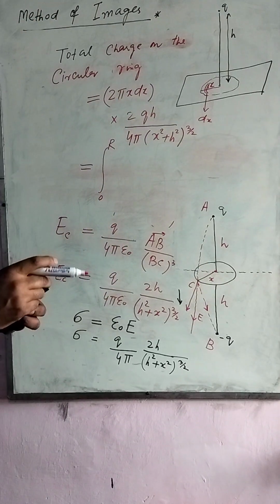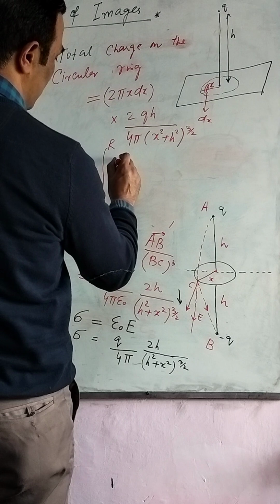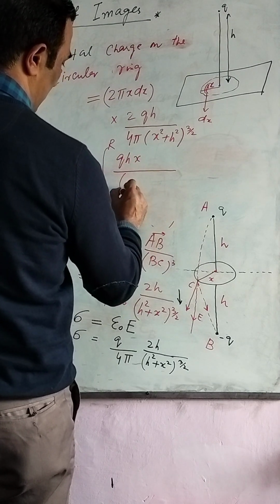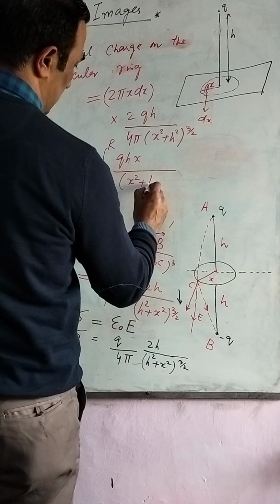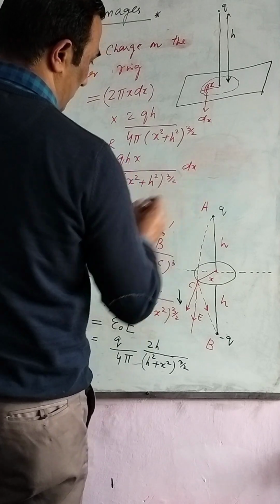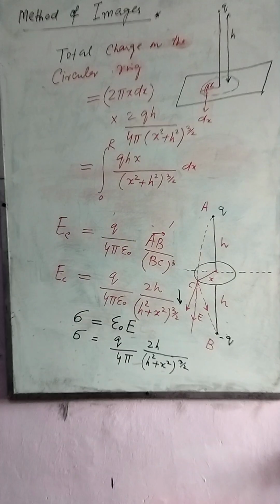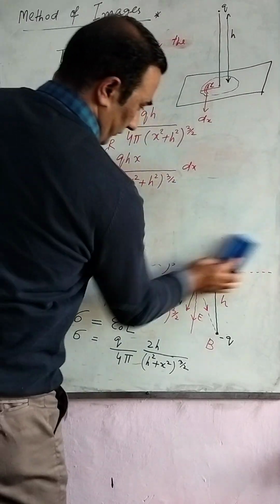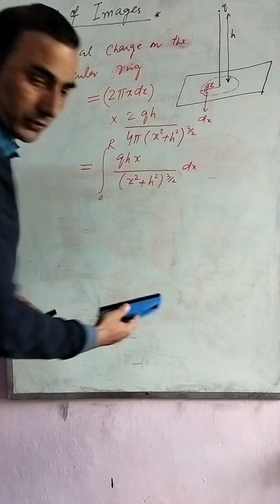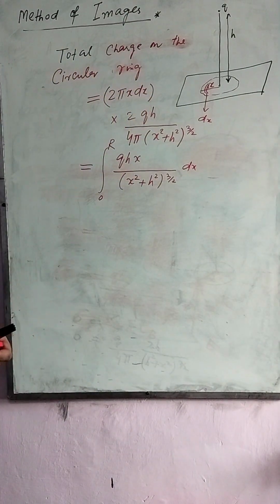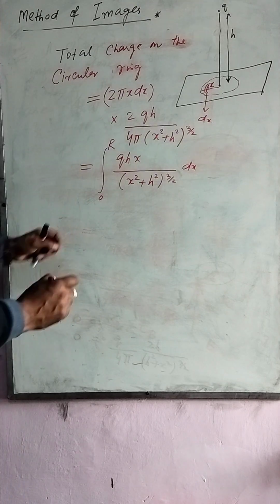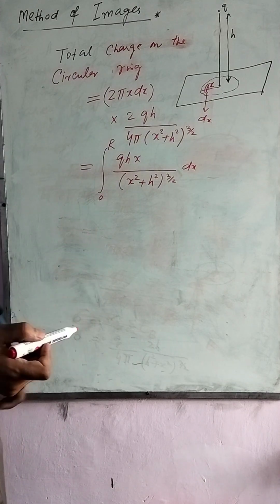So let me write, this will be QH x upon x square plus h square. Now it is very easy to calculate, because you can write what your sigma here will be.